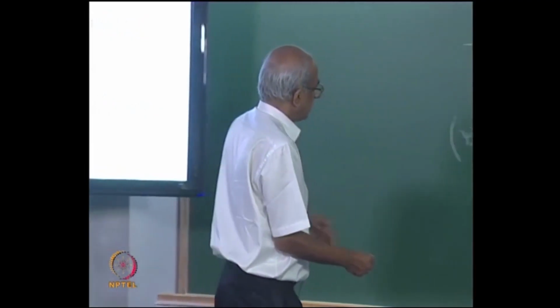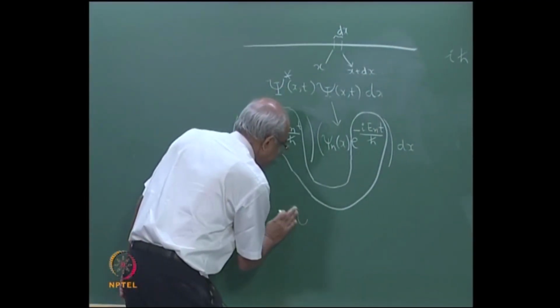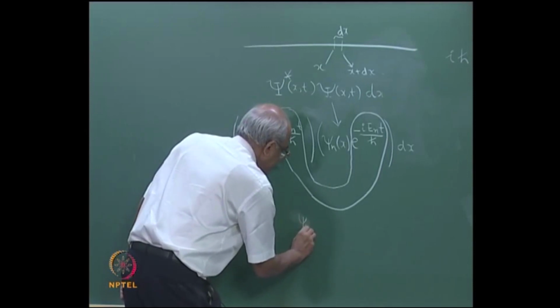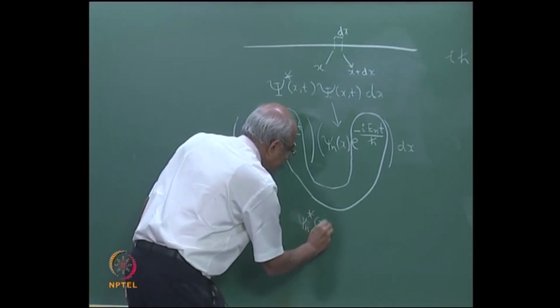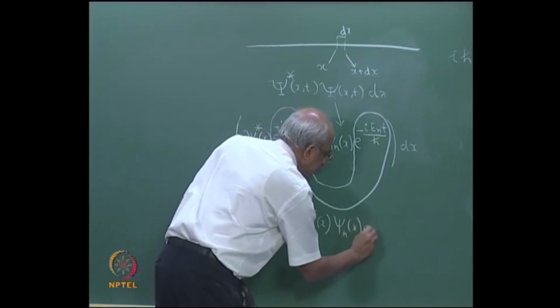So, therefore, what is the net result? The net result is that I get an answer which is psi n star of x psi n of x dx.